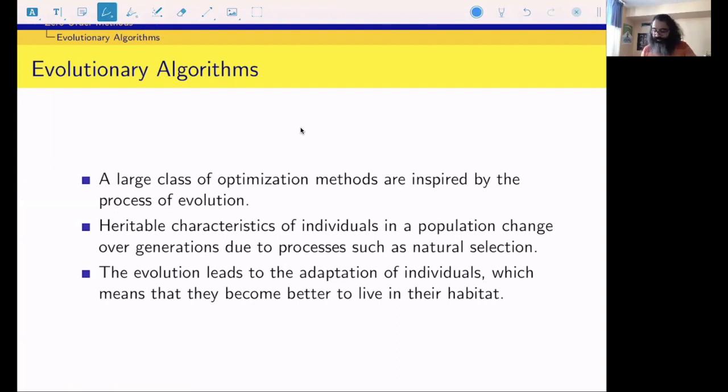The outcome of evolution is adaptation of individuals, which means they become better in some sense at living in their habitats. If they need to walk faster, they gradually evolve to walk faster because that's important in their habitat. For example, if there's a lion in that environment, it's good to be able to run fast.